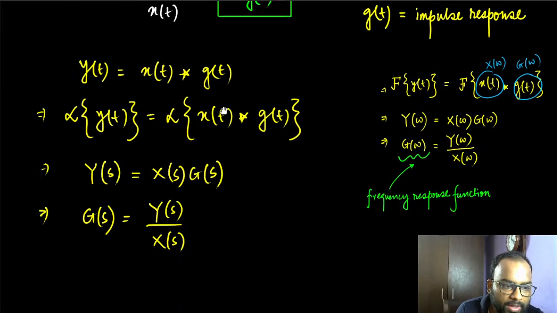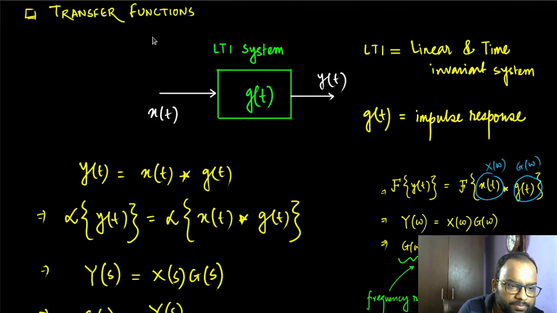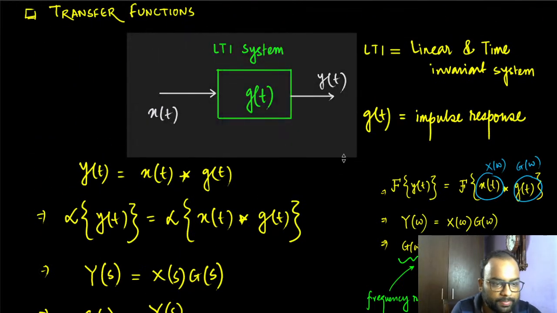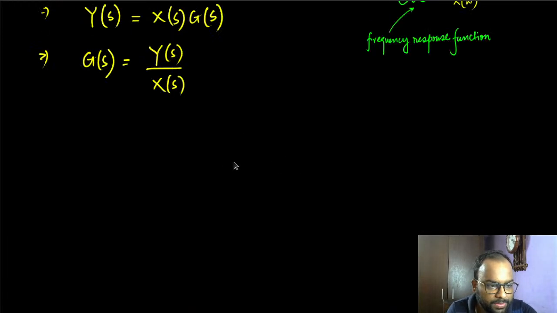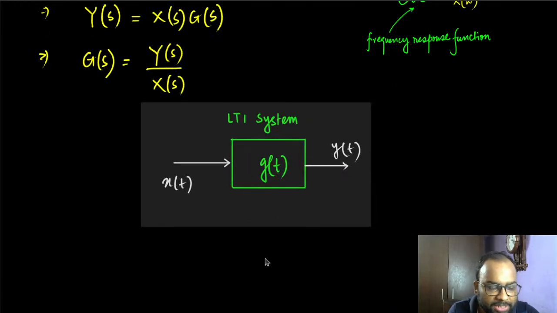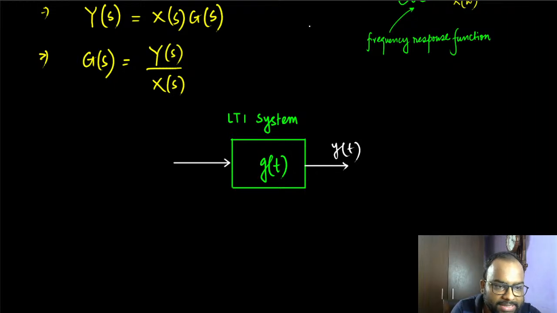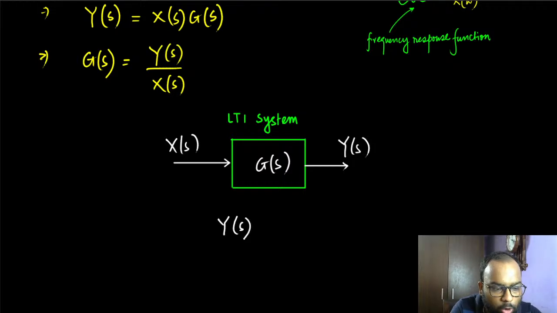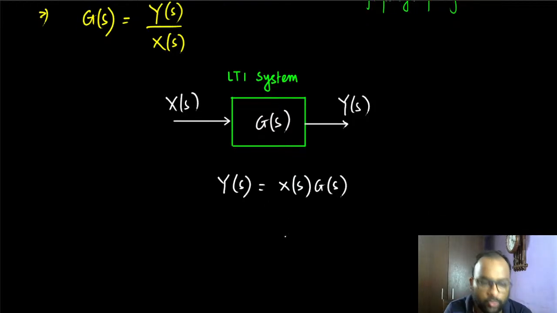So if we take this structure and apply the Laplace transform on the whole thing, this becomes X(s), this becomes G(s), and this becomes Y(s). So Y(s), the output, becomes a product of the input and the impulse response, all of these transformed.